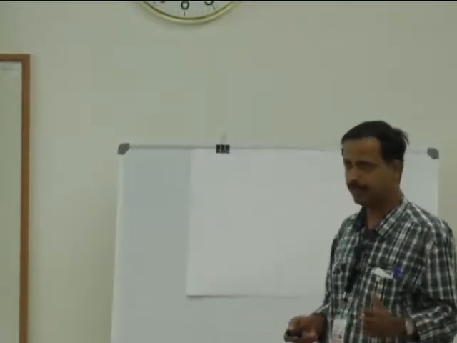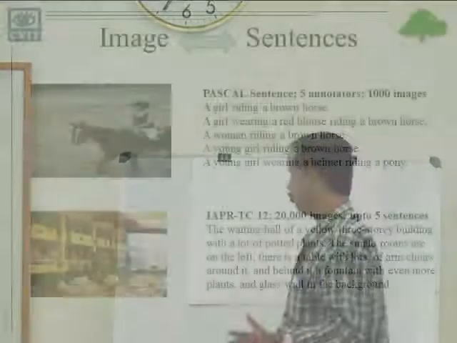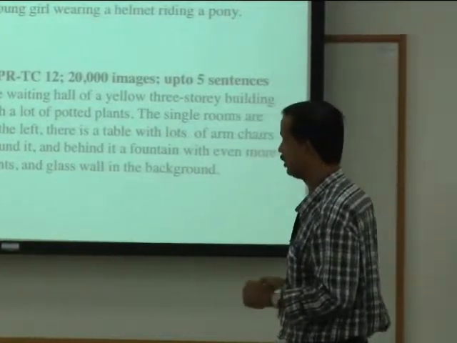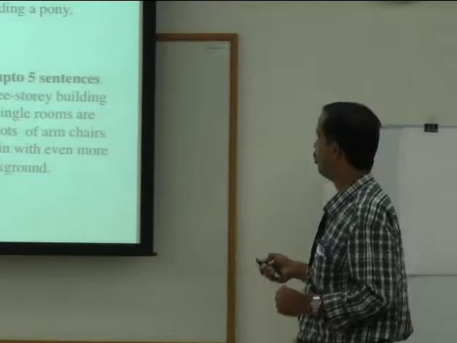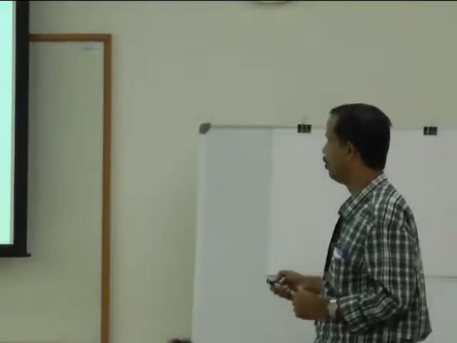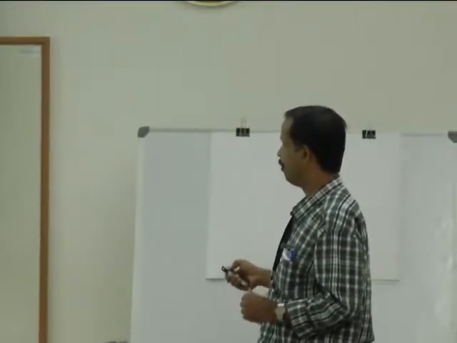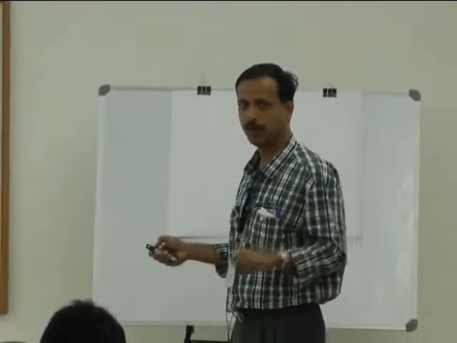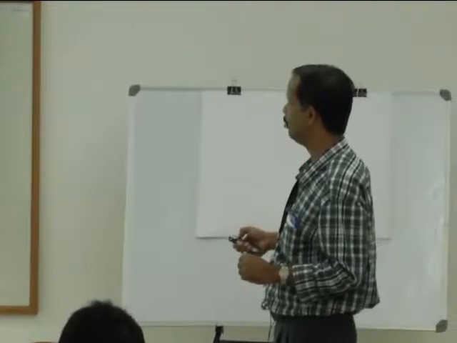So we extend the same ideas and move forward. For this sort of experimentation, we take these two data sets. One is the Pascal sentence data set, where for 1,000 images, 5 annotators have annotated single simple sentences each, so you have 5 sentences for every image.